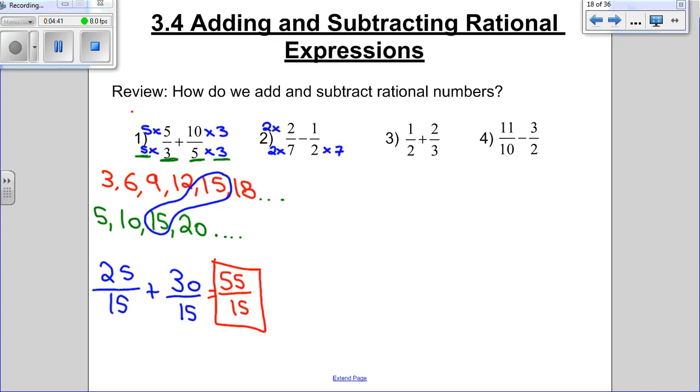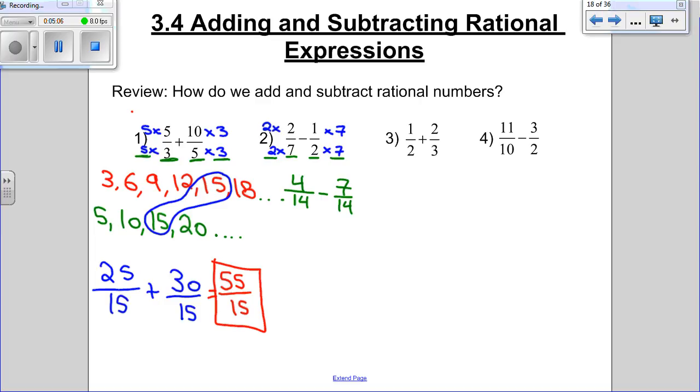And again, that same trick: this one had a 7 on the bottom, this one needs a 7 on the bottom. This one had a 2 on the bottom, this one needs a 2 on the bottom. That could also work to get your lowest common denominators. If you actually do the multiplication, you end up with 4 divided by 14 minus 7 divided by 14.